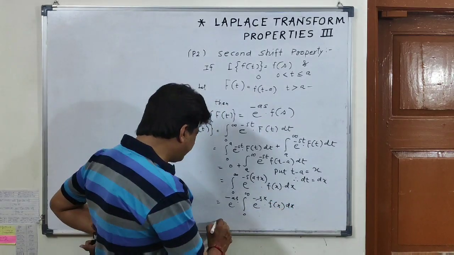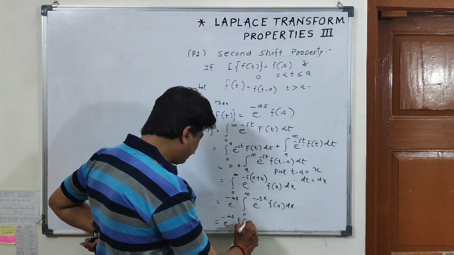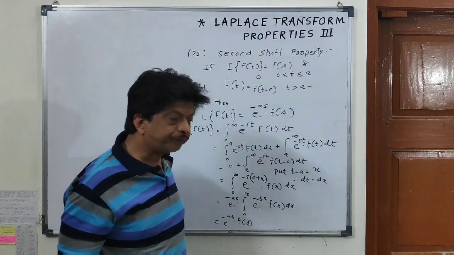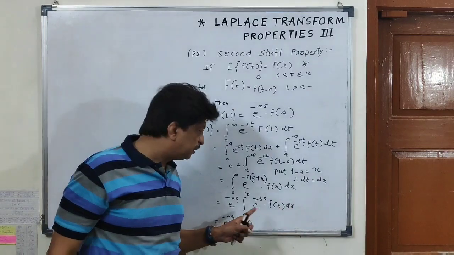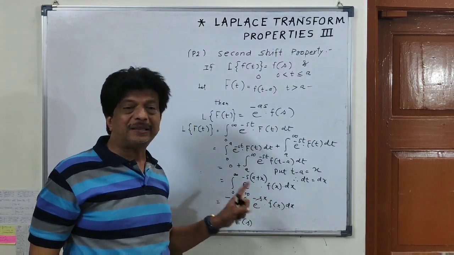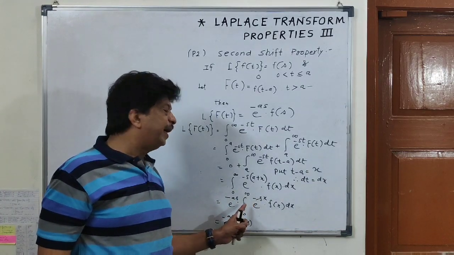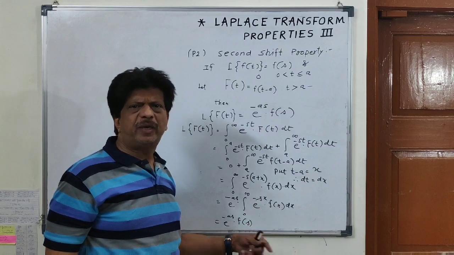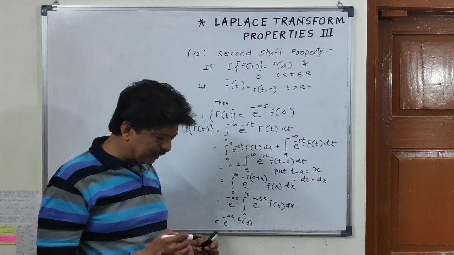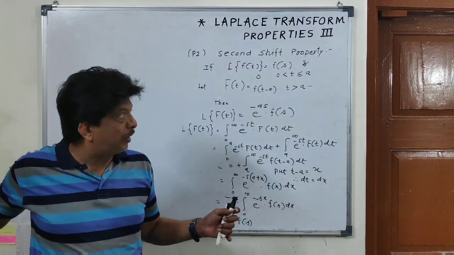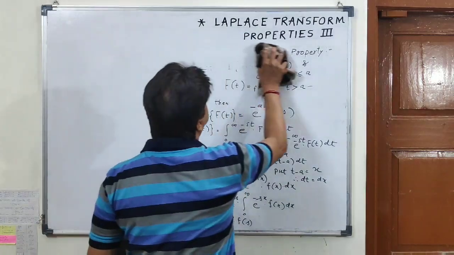That is nothing but e raised to power minus as into F of s, because integral 0 to infinity e raised to power minus st into f of t dt is the Laplace transform of f of t. Here the dummy variable t is replaced by x, so it does not change the value of the integral. It would be F of s. So that proves the second property, which is also called the second shift property.